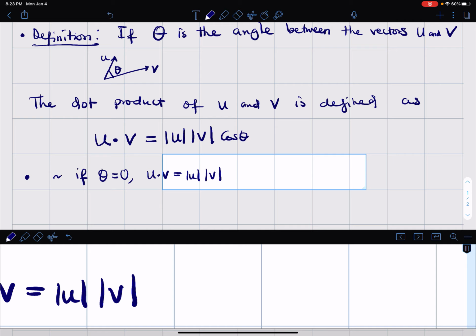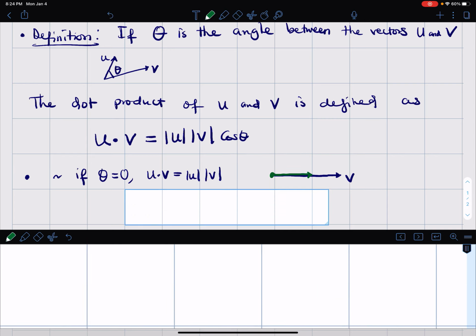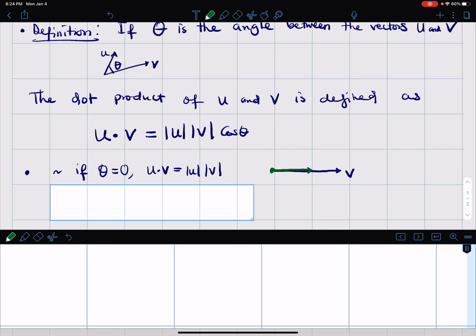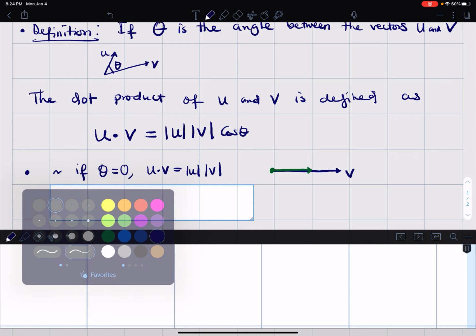Which is just 1. So if you have the two vectors parallel to each other, say this is v, and this is u, then their dot product is just the product of the magnitudes of the two vectors.